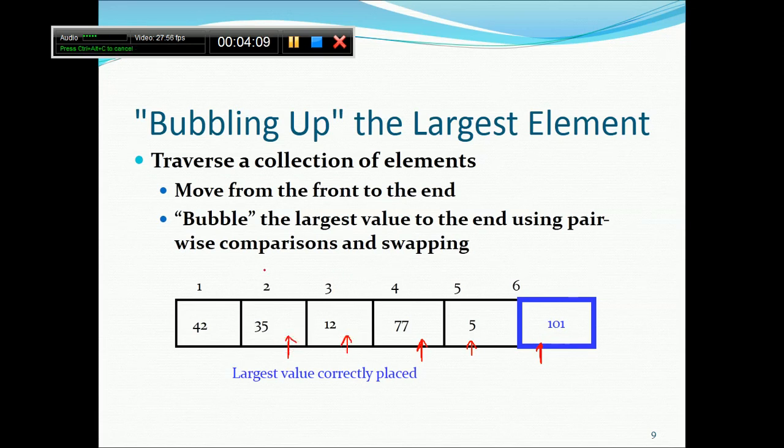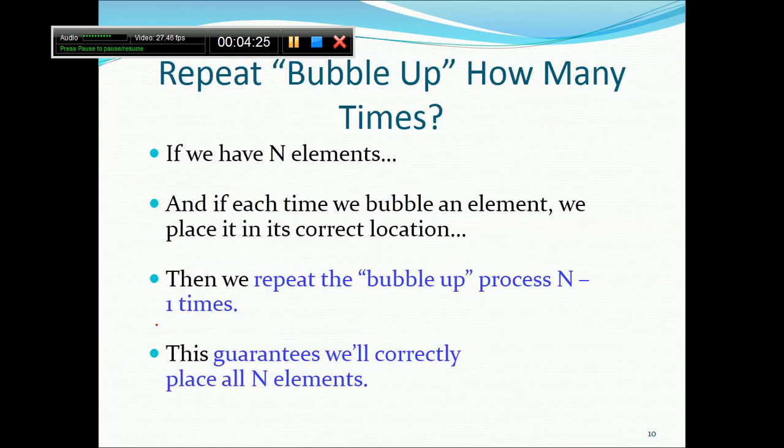This means if the number of elements is n, the number of passes would be n minus 1, or n minus 1 times you have to do the same process. If each time we bubble an element, we place it in the correct place, then we will repeat the bubble up process n minus 1 times. This guarantees that we correctly place all n elements.